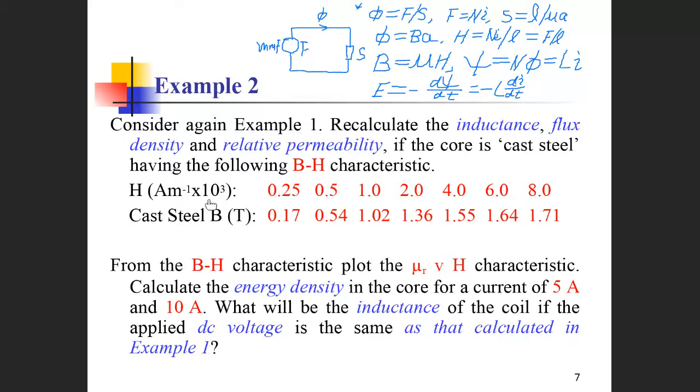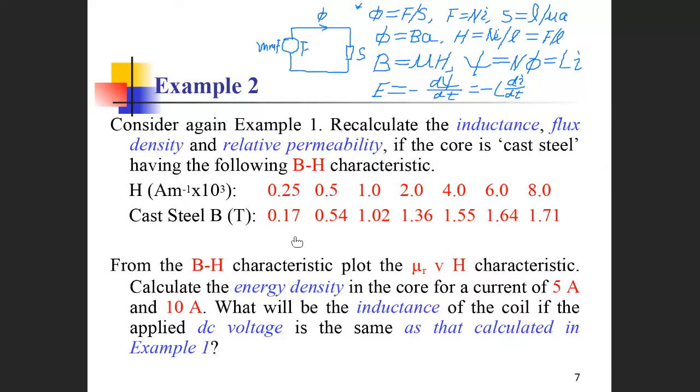And B is in Tesla, which is the magnetic flux density, related to the flux and to the magnetic strength. As I just explained, in practice you can monitor the voltage against the current to get the BH curve.